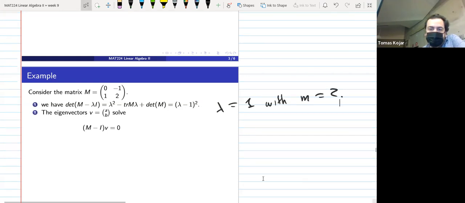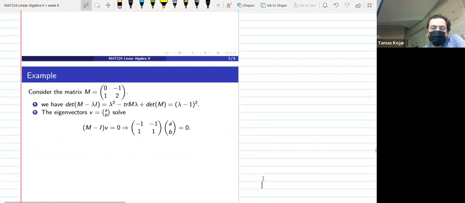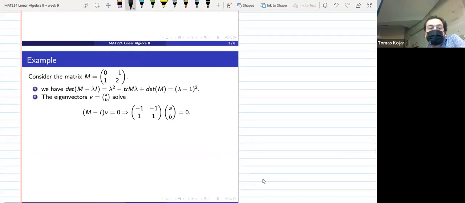And then let's find the eigenvector. So we have this matrix and we remove minus 1, minus 1. Can anybody guess what's the solution? What a, b solve this? Yeah, so what do you have?